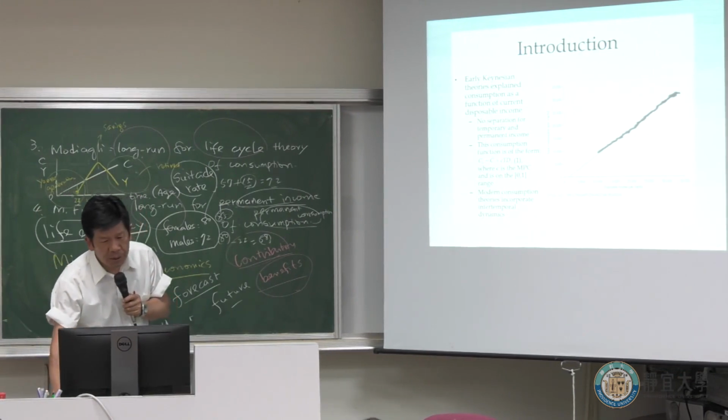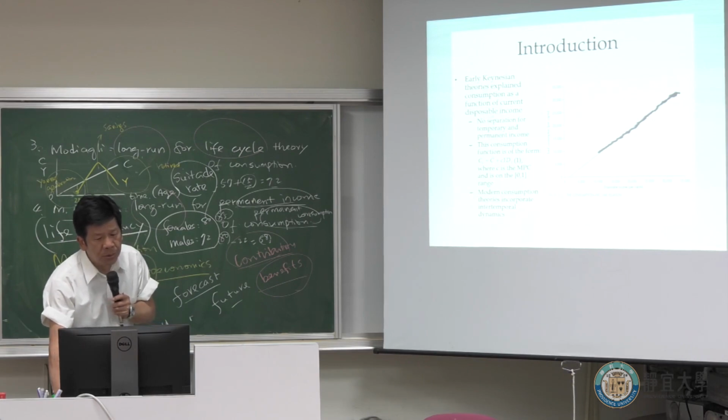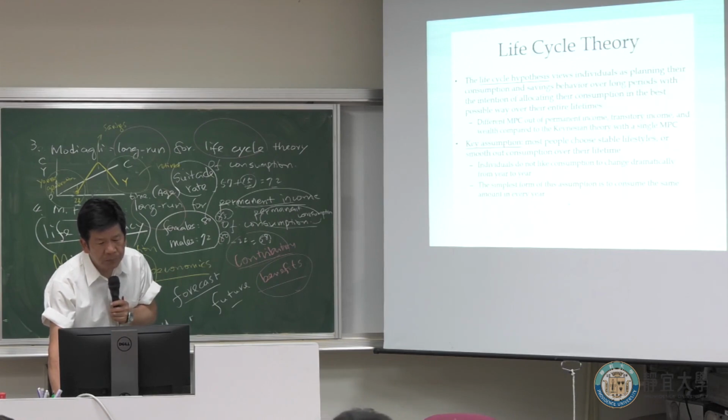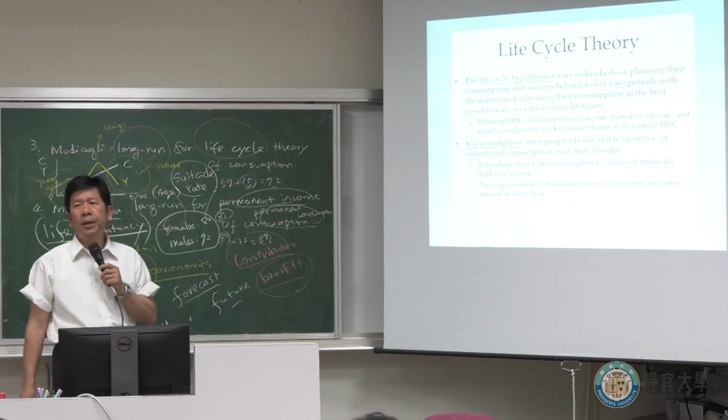Try to find the earlier case, the theory explained consumption as a function of the current disposable income. Here you can see this is the current consumption, and this is the basic consumption, and this is the induced consumption.